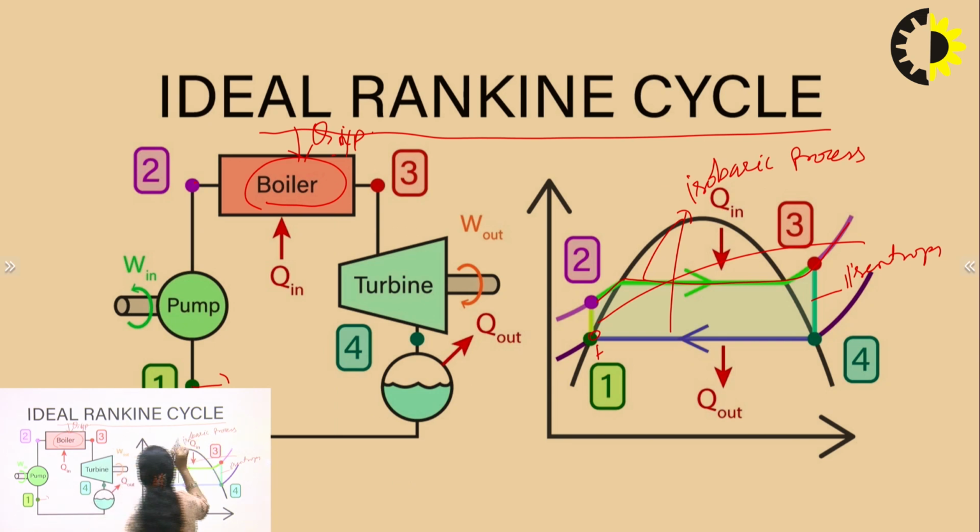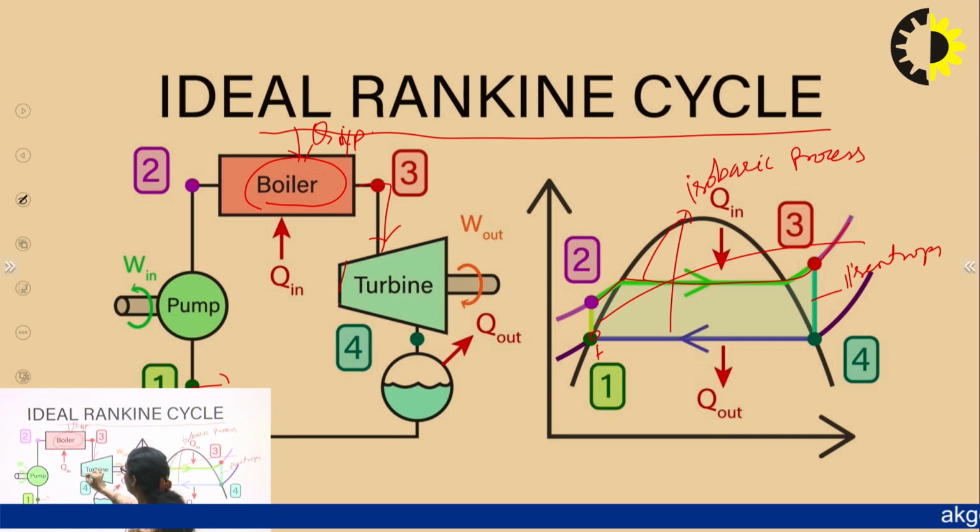Don't forget these thermodynamic processes. You have to compare this block diagram with these thermodynamic processes. Now, at the inlet of the turbine, you can see the boiler supplies the heat, in terms of steam, to the turbine. Now, the turbine expands all the steam to produce work output.